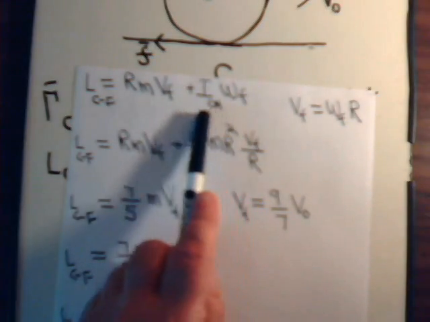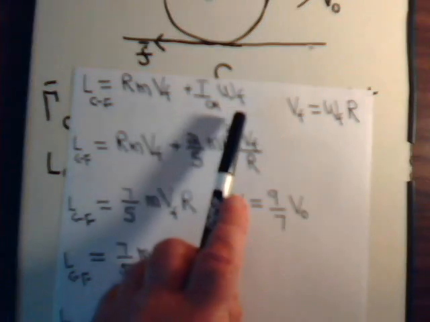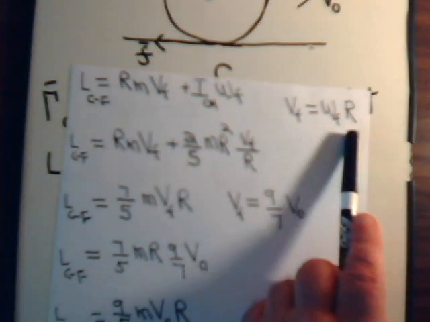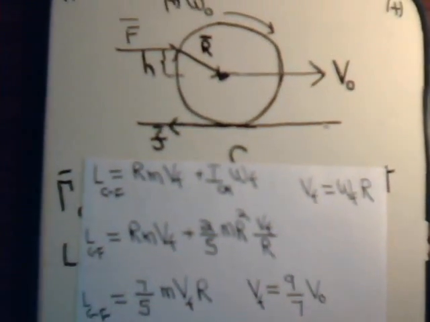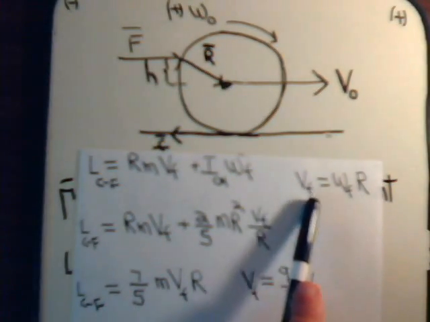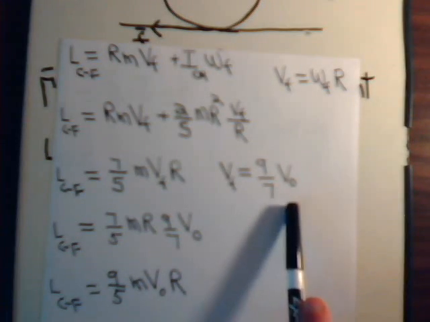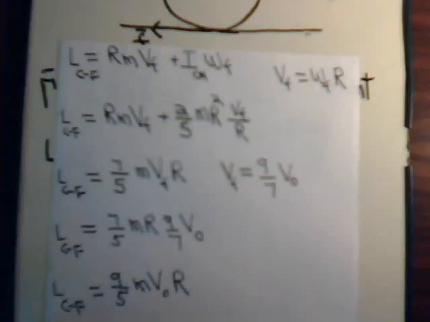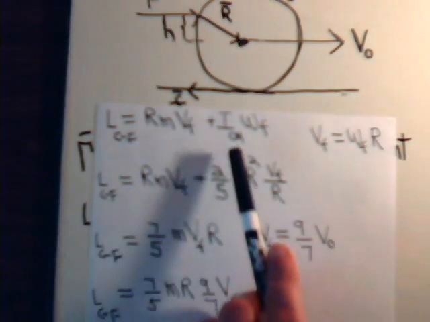Now, two things to remember. This is when it's in pure roll, so we have this relationship, and we also wanted to determine what value h has to be so that the final velocity when it goes into pure roll equals 9/7 of its original velocity, v0. Keep this term the same.